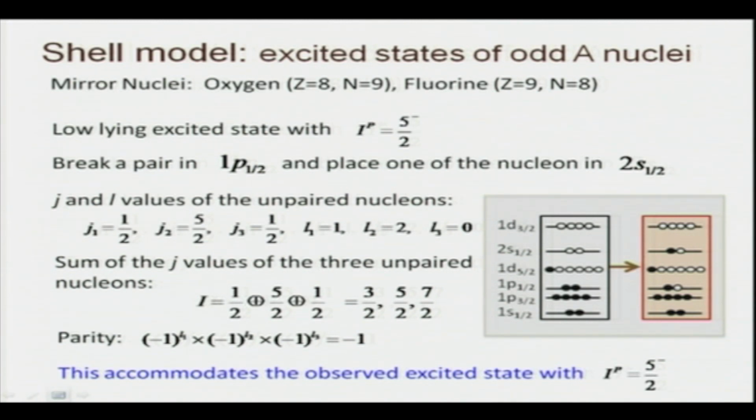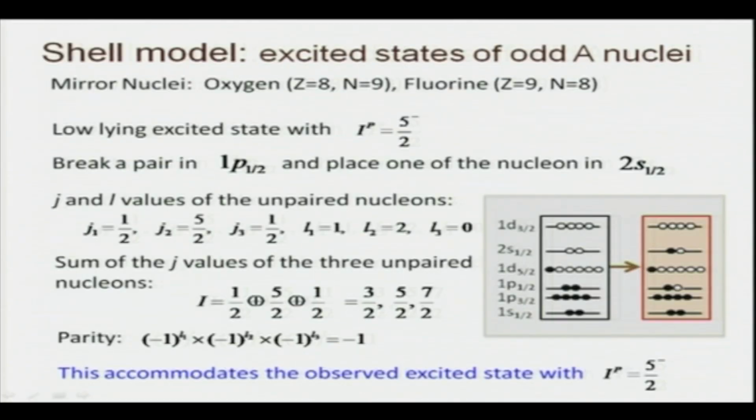And the parity possible is minus 1 power L1 times minus 1 power L2 times minus 1 power L3. L2 and L3 are even, L2 equal to 2 and L3 equal to 0. So, that gives plus 1, and L1 equal to 1 gives you minus 1, and the resultant parity is expected to be minus. So, we have a possibility of 5/2 minus with parity in this case.